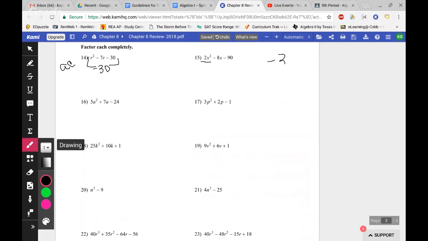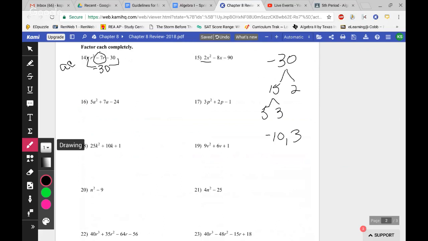I'm going to write negative 30 over here, and start writing factors. 15 and 2, and then 15 has 5 and 3, right? Yeah. Okay. So what I'm seeing as factors that are going to give me a negative 7 are 5 times 2, which is 10, minus 3. So 10 and 3. And which of those two would need to be bigger based on the fact that this 7 is negative?